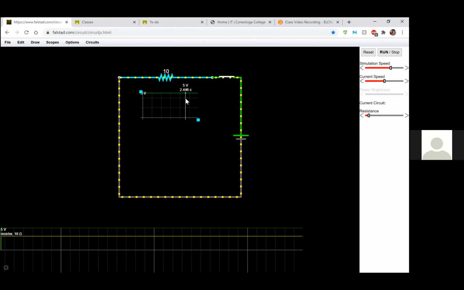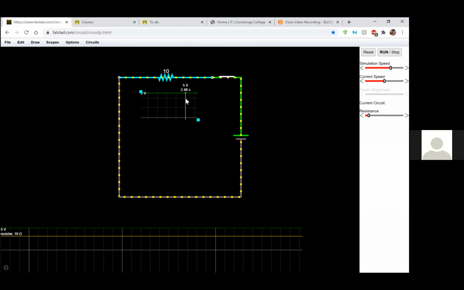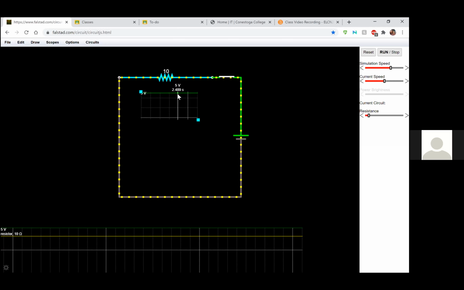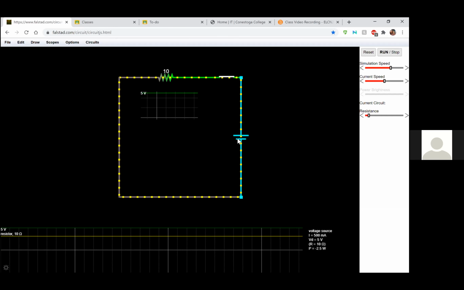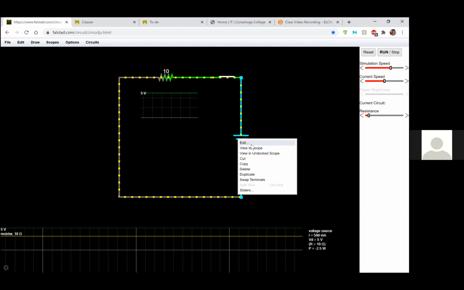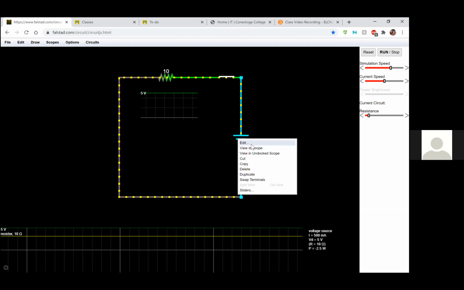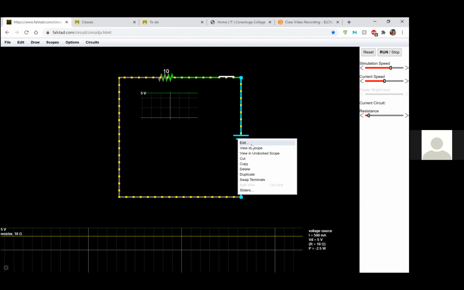And at this point in time, we can see the voltage level on the oscilloscope. Because we are using DC, it's going to be just a straight line. If I decide to change, and that's what I want to give you as a small practice, I want you to determine the frequency of this sine wave.